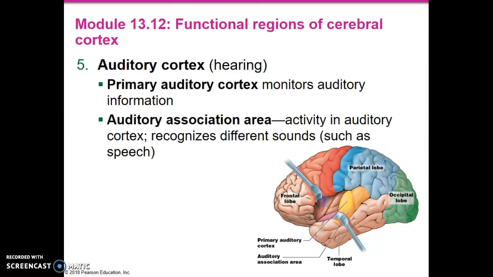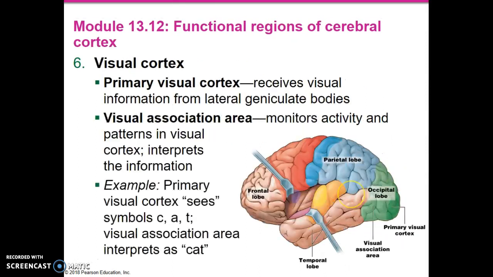The auditory area, there's a primary auditory area. The primary auditory cortex gathers the data, and the association area helps us to recognize the sounds. Same with visual, the visual area in the occipital lobe.